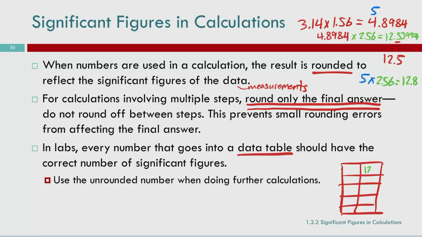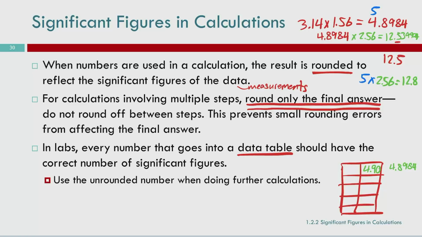When we put it into our data table, let's do the other number, actually, this 4.8984, let's say that that's what we get for our first thing. We would round this. We'd put the rounded number into our data table. You might keep track of the unrounded number outside of the data table, but the numbers that go in are always going to be the rounded numbers.